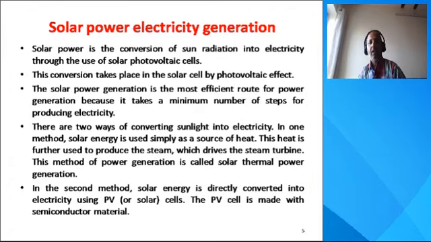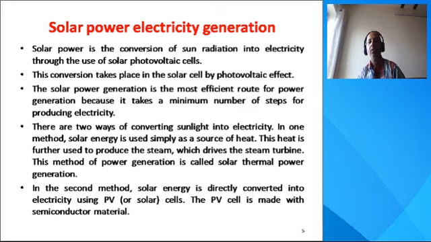Now, how the solar electricity is generated? Solar power is the conversion of sun radiation into electricity through the use of solar photovoltaic cells. This conversion takes place in solar cell by photovoltaic effect. The solar power generation is the most efficient route of power generation because it takes a minimum number of steps for producing electricity.